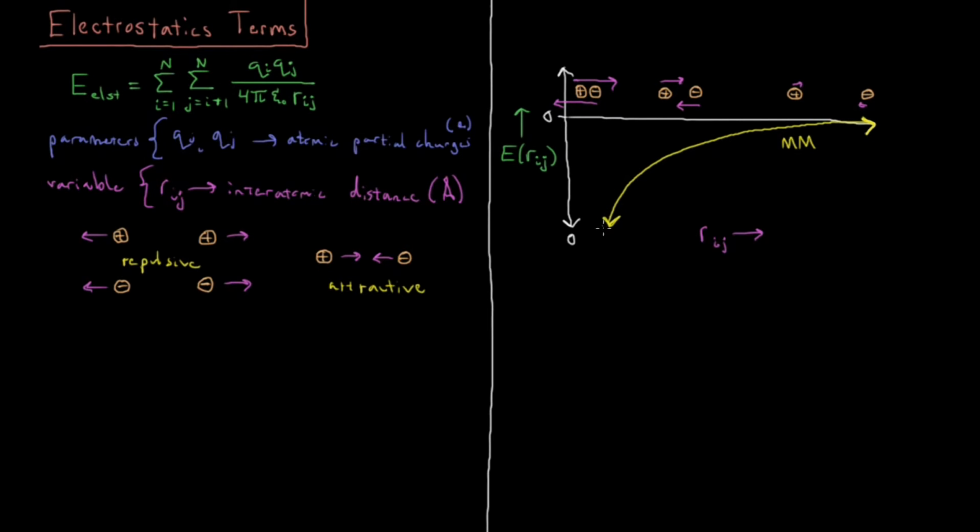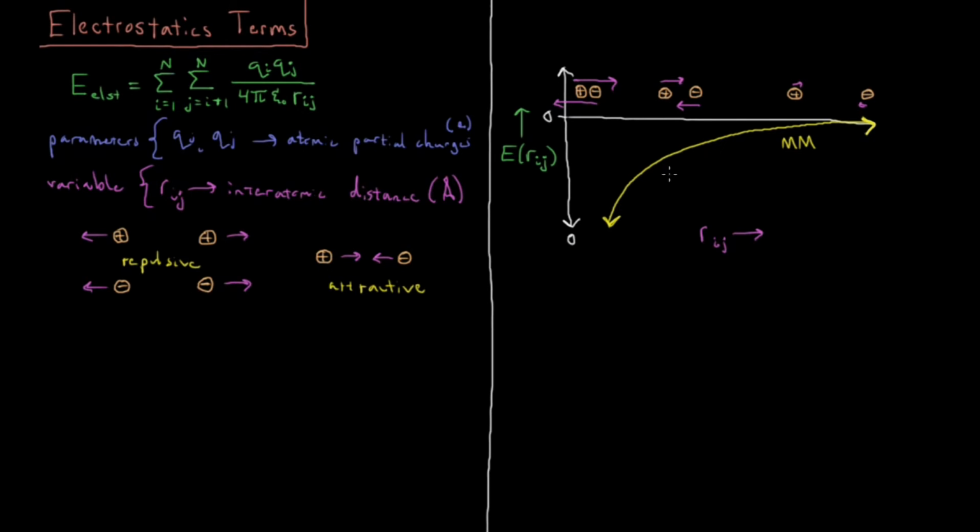For our molecular mechanics electrostatic term, we start at E equals 0 at R equals infinity, because 1 over infinity gives you a 0. As you bring the atoms in, you start developing an attractive force. The energy goes negative when your charges are opposite, and this 1 over Rij just keeps getting bigger and bigger as R gets smaller. The attraction gets bigger and bigger and goes all the way down to minus infinity at short range.